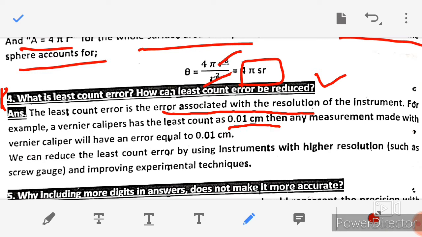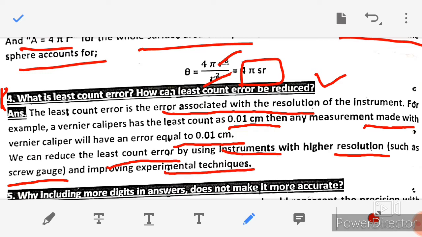Then any measurement made with the vernier caliper will have an error equal to 0.01 centimeter. We can reduce the least count error by using an instrument with higher resolution such as a screw gauge and improving experimental techniques.